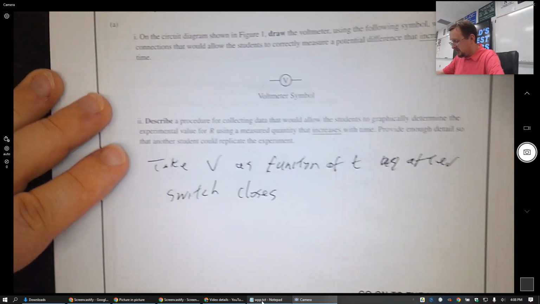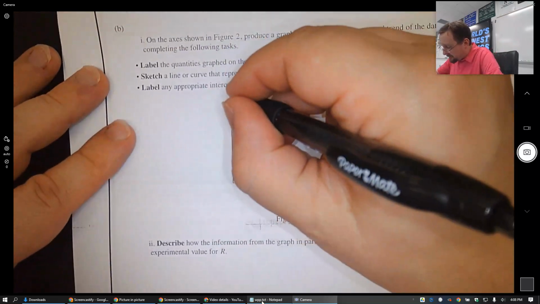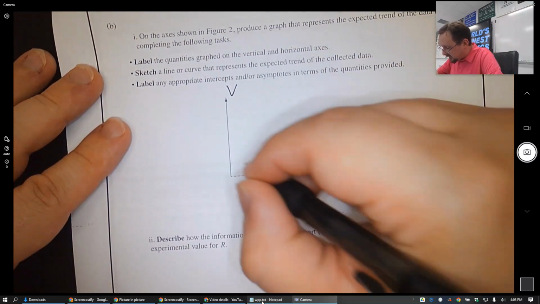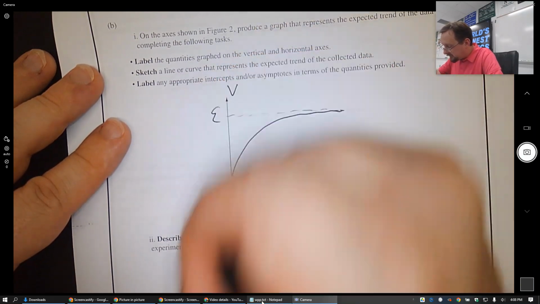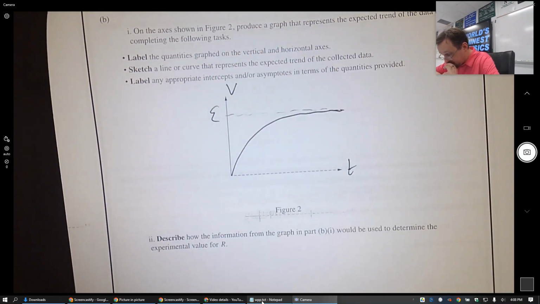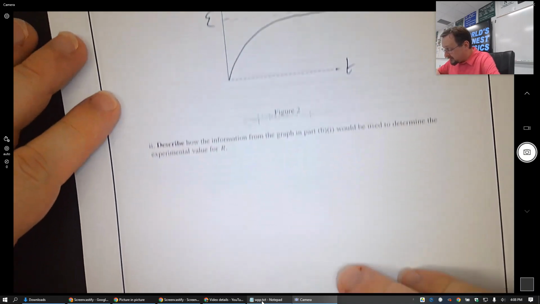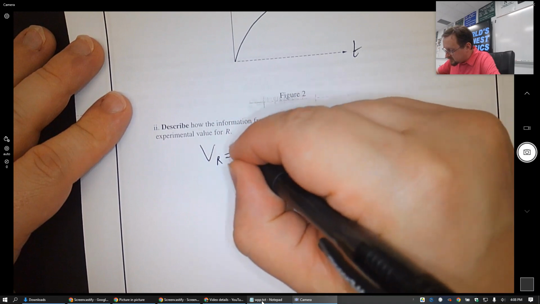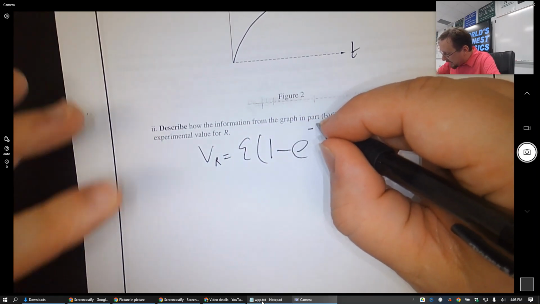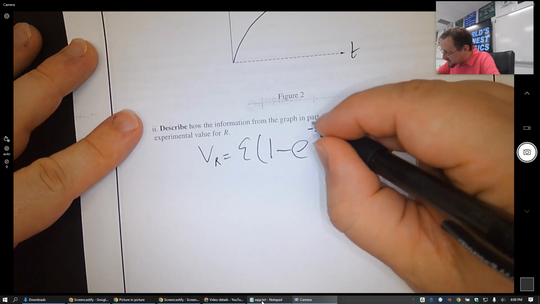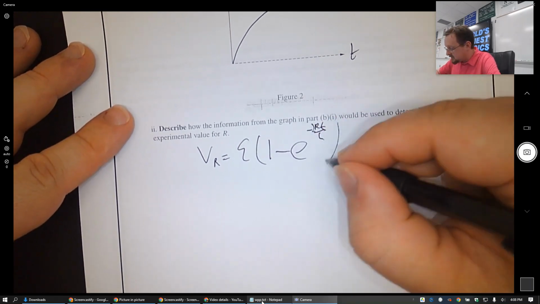The voltage as a function of time is going to look like this, where this is the EMF. The voltage on the resistors is EMF times 1 minus e to the minus RT over L. It's actually 2R because that's the equivalent resistance.